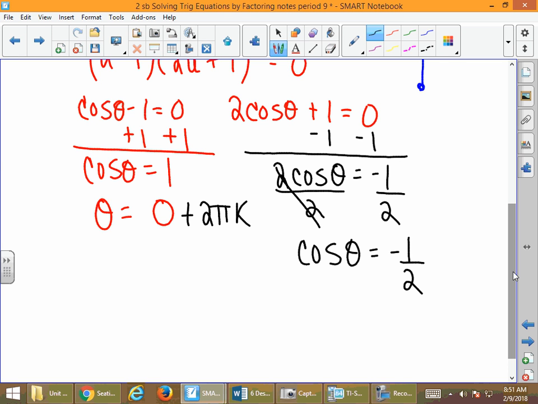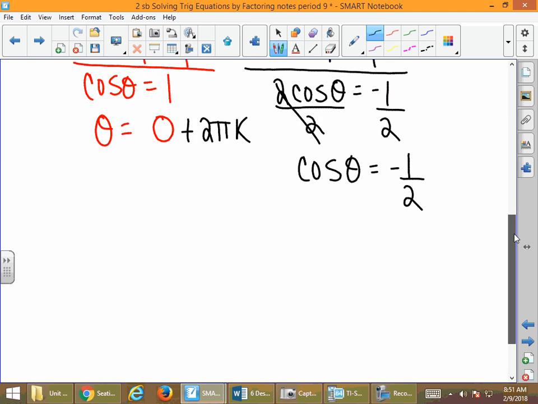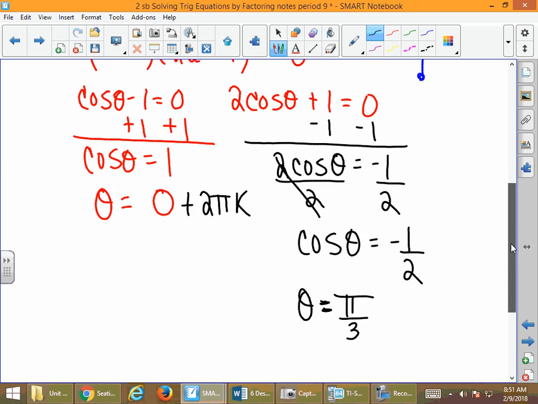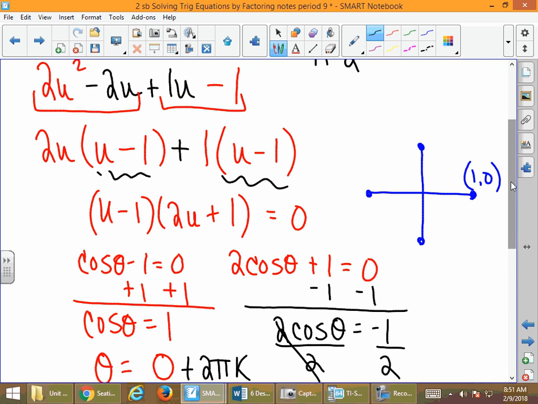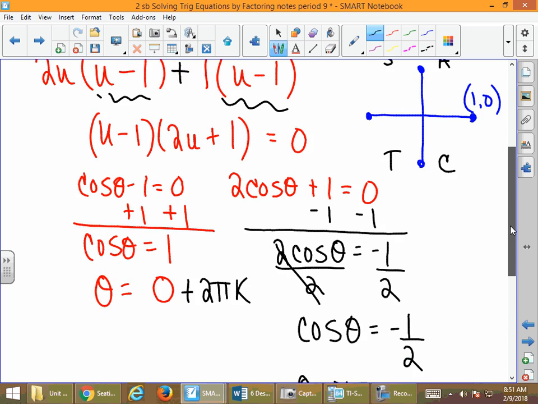And then many of us are familiar with using our hands. It's really a helpful technique. Where's cosine 1/2? When we fold in our index finger, because we've got one thumb above there, so one finger above, our index finger represents pi over 3. As I go back to the grid that we were drawing, we need quadrants where cosine's negative.